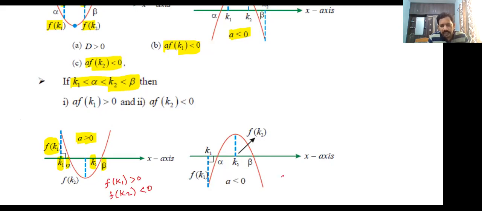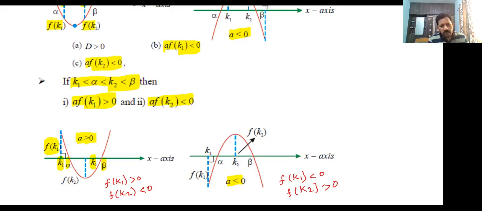Here observe this case, f of k1 negative, f of k2 positive. Now observe that here a is less than 0. A into f of k1 is greater than 0, but a into f of k2 is less than 0 in both the cases, because a is positive, f negative.